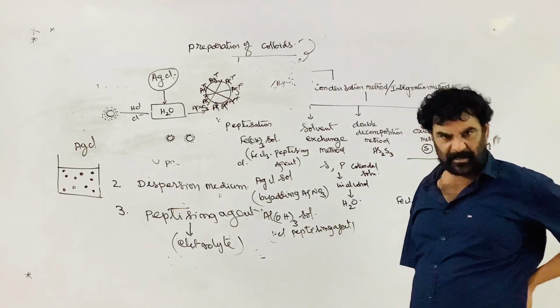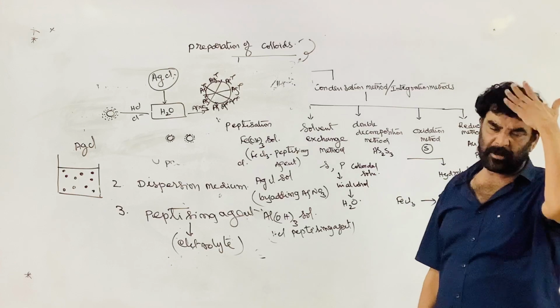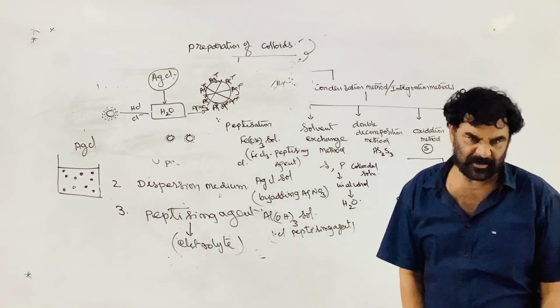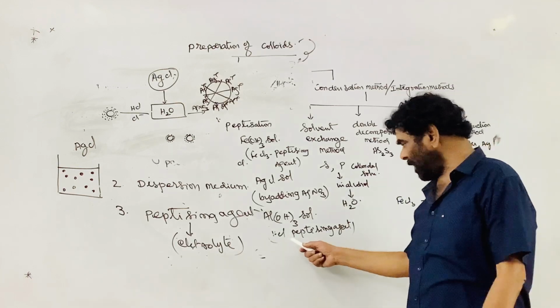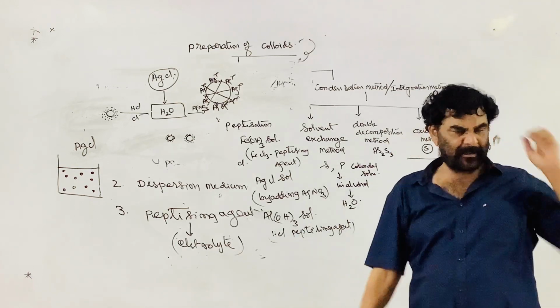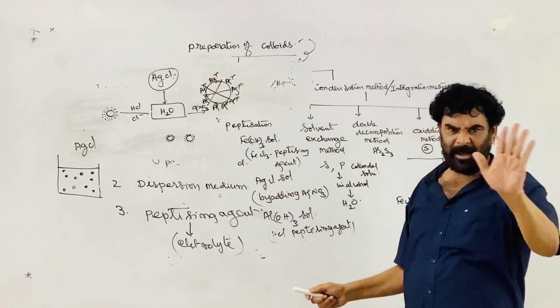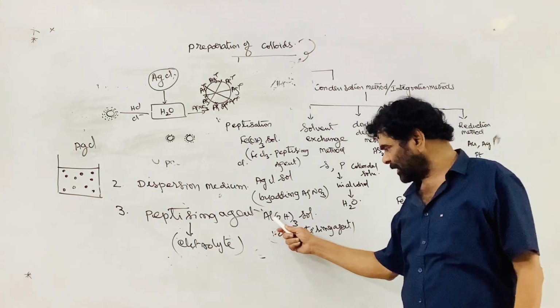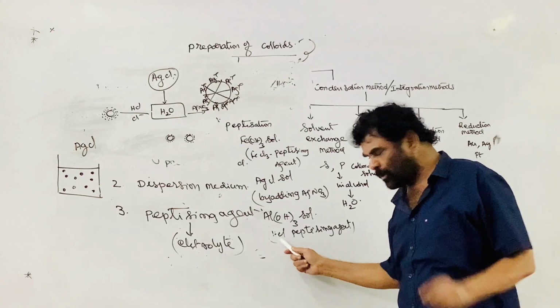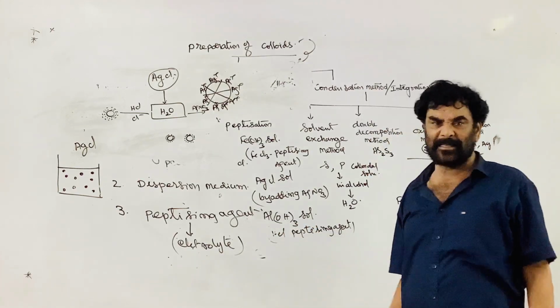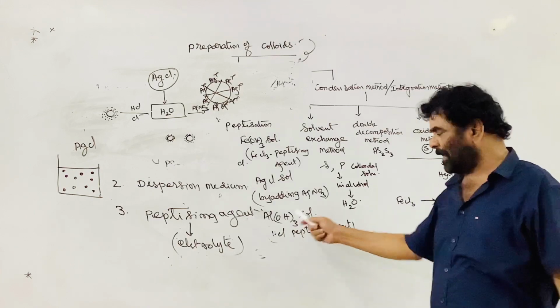Take the aluminum hydroxide precipitate: aluminum chloride plus sodium hydroxide gives aluminum hydroxide, a white gelatinous, gel-like precipitate. To that you add HCl. A small amount of the aluminum hydroxide base reacts with the HCl and converts into AlCl3.